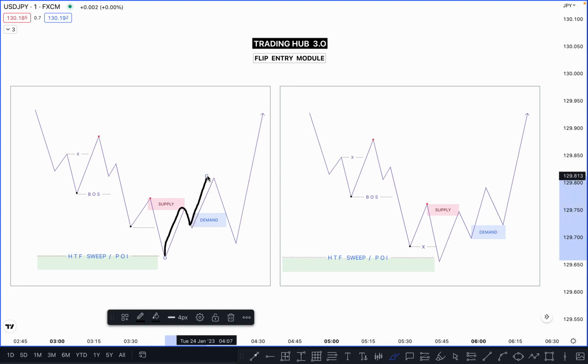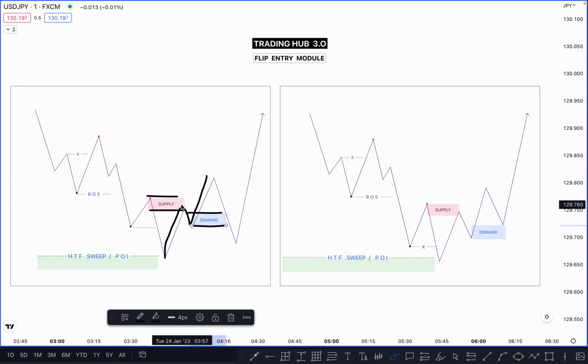This process is called entry. It means it taps on your supply zone and creates a demand zone, because when the market breaks to the upside, it creates a valid order block at this point, and this process is called Flip. It means supply converts into demand, and you can say S2D, supply to demand. So this is the process to identify a Flip.